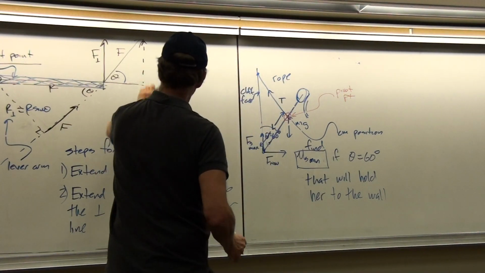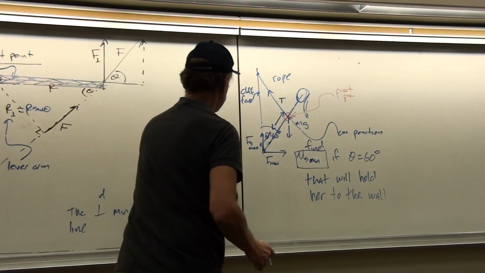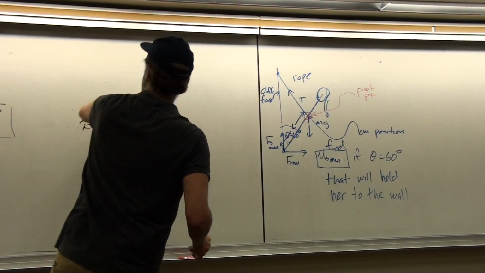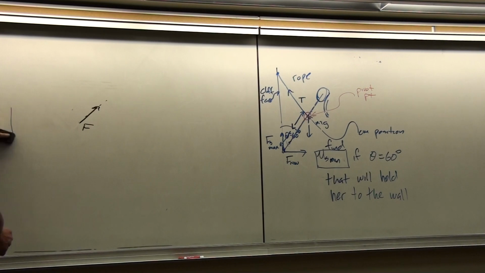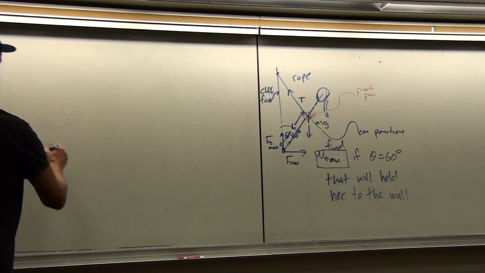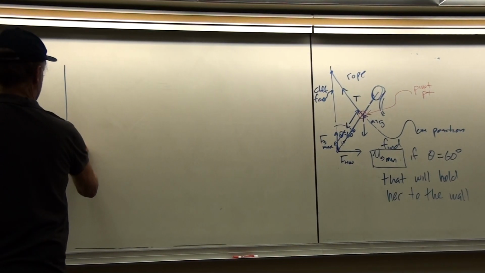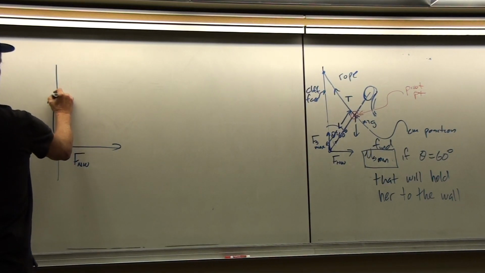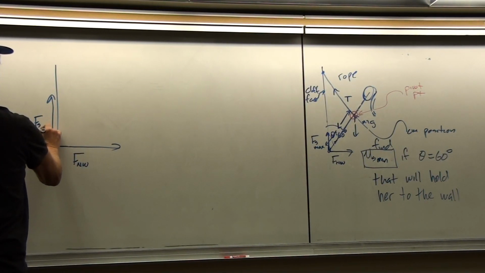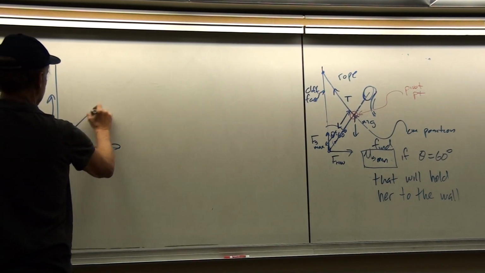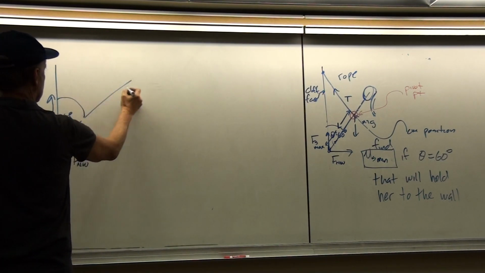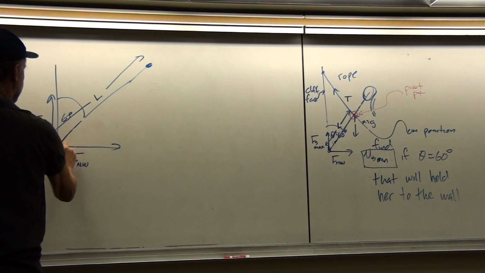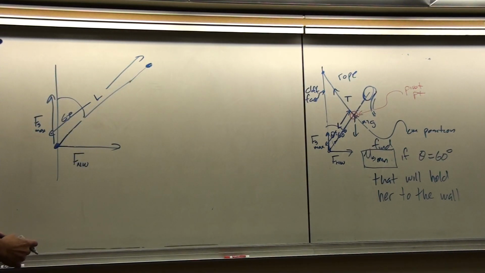And let me just draw that part of the triangle a little bigger here. So we have F normal wall, we have F static maximum, and we have her at a 60-degree angle, supported from this position a distance L away from her feet to her center of mass position.